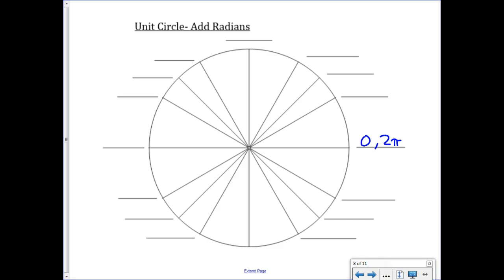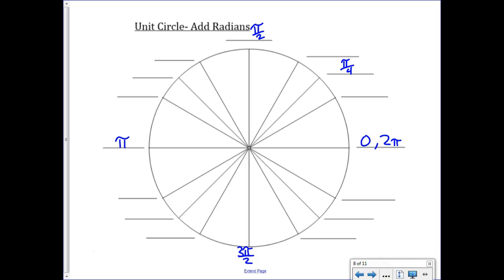So halfway around is pi, which means 1/4 of the way around is pi over 2. And then 3/4 of the way around is 3 pi over 2. And then we start splitting it up even further. If that's pi over 2, we split that in half again, we get pi over 4.